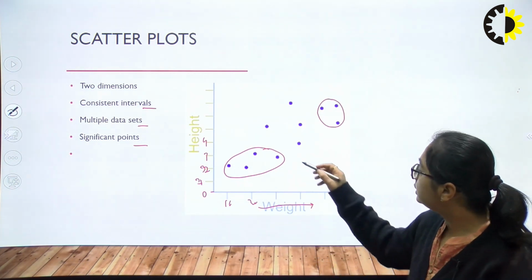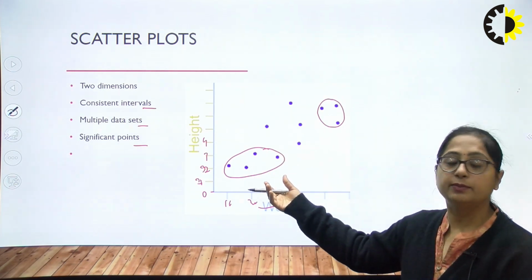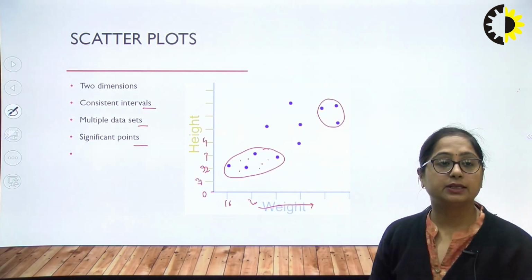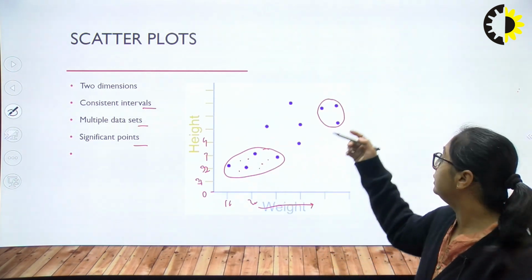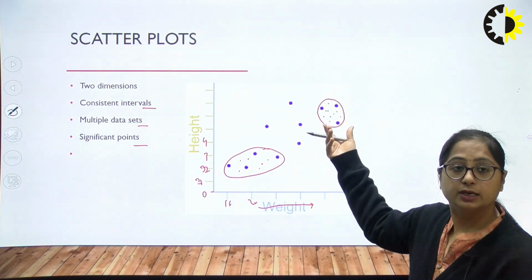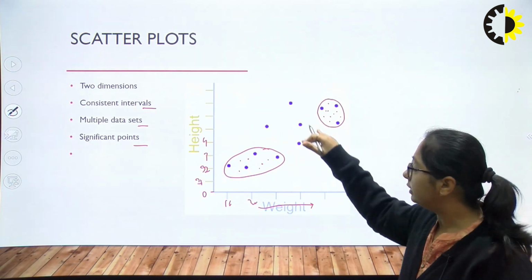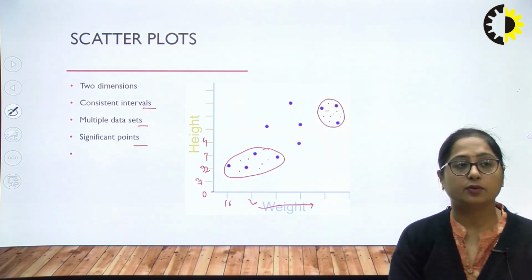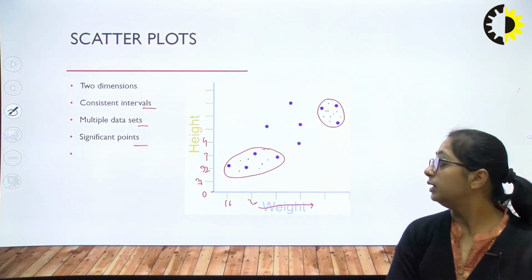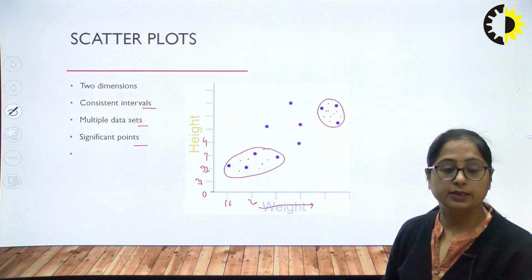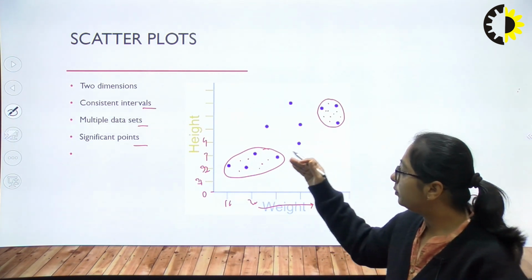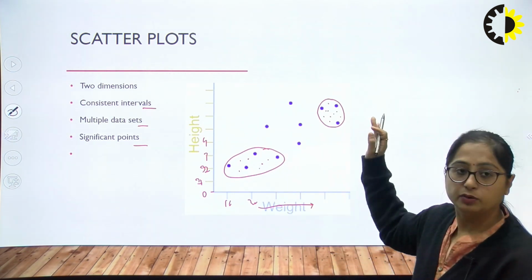Dots that are very near to each other follow the same trend, and dots that are near to each other elsewhere follow another trend. Some points are exceptions in the graph. A scatter plot is used to find the trends between these scattered points, and based on that analysis we can find whether a point will be part of this group or that one.